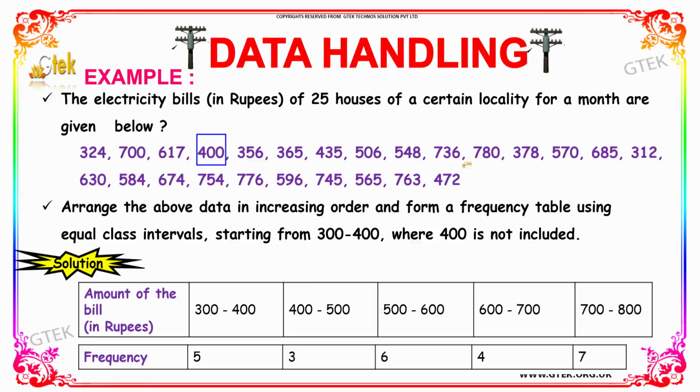So there are 3 houses which are having their electricity bill within the range of 400 to 500. And next there are 6 houses which is having their electricity bill ranging between 500 to 600.